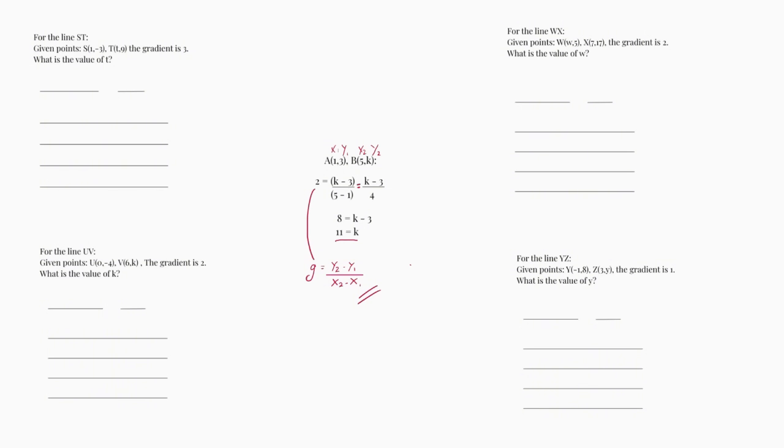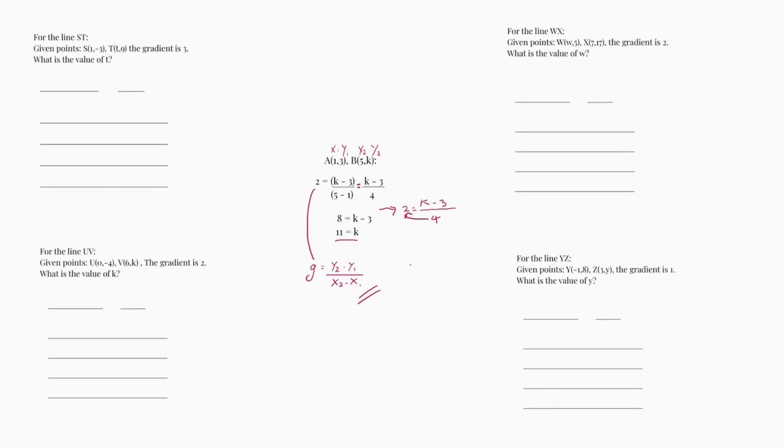So now what do we do? Well, you've got 2. We haven't played with that yet. I'm just going to add this in for you. So we've now got 2 equals k minus 3 all over 4. So what we need to do is multiply our gradient with our denominator, which is 4.